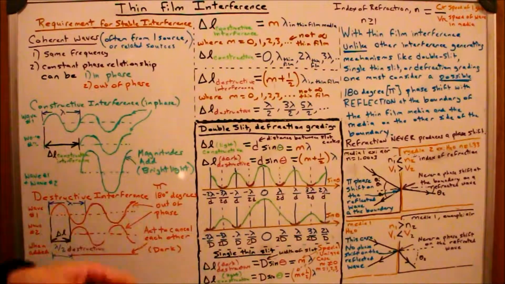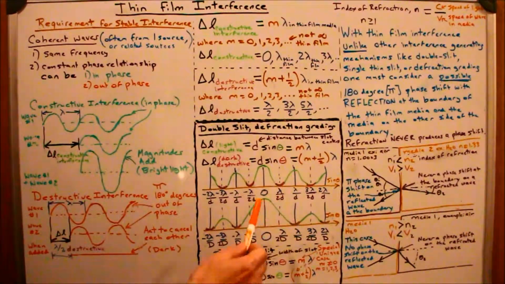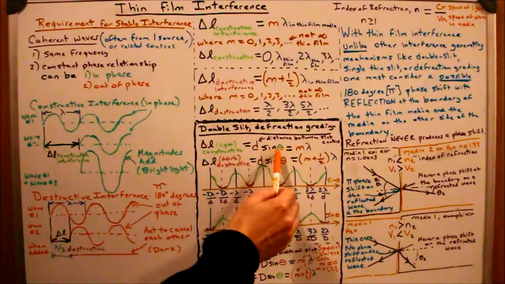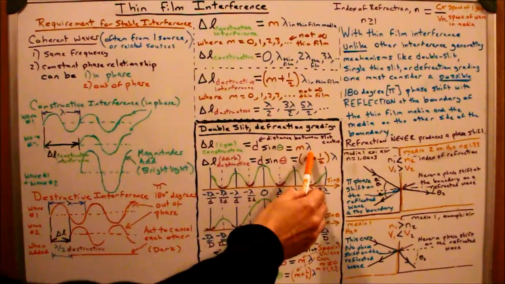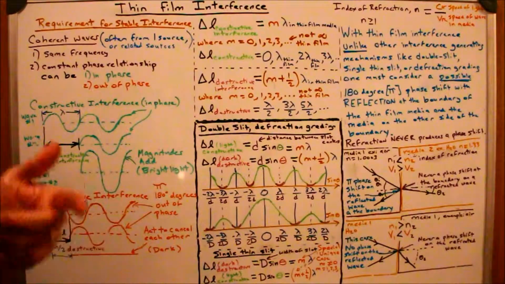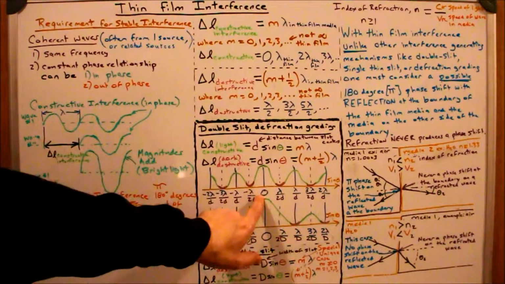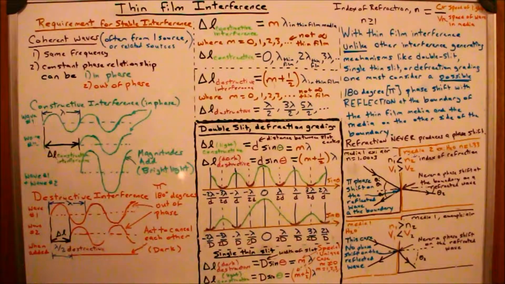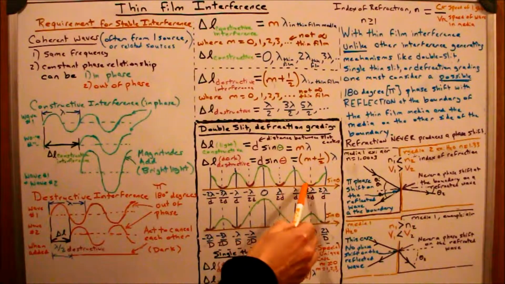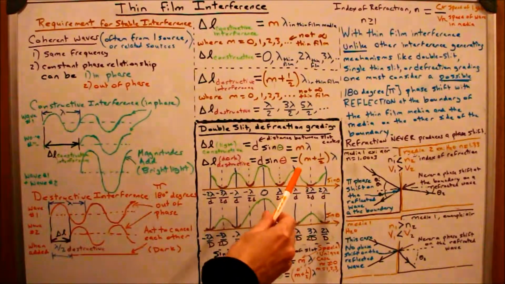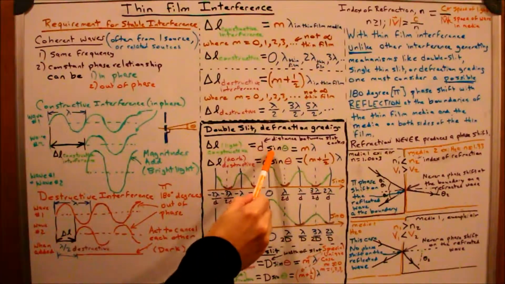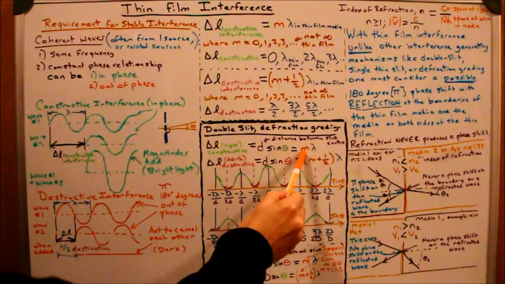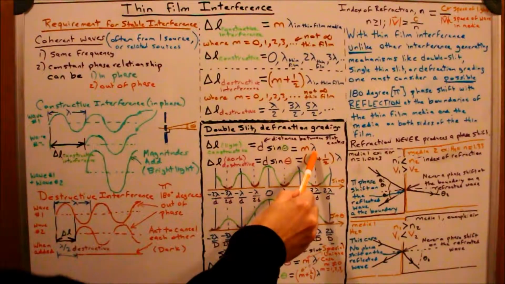And then every time in between there is destructive. So this formula, d sine of theta equals m times the wavelength, where m is 0 or 1 or 2 or 3, gives you constructive, and every time in between there is destructive.